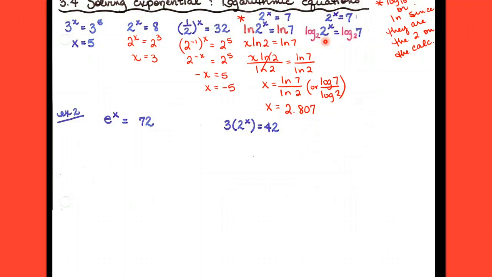So if I insert a log with the same base as the base of my exponential, literally they will cancel each other out and leave me just with x. So that whole left-hand side goes away and leaves me with just what I'm trying to get. So that's a big shortcut for us.